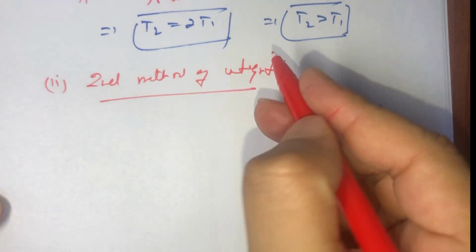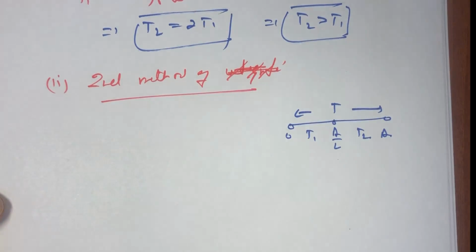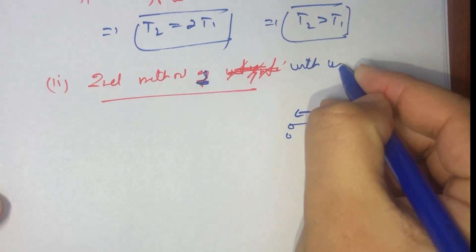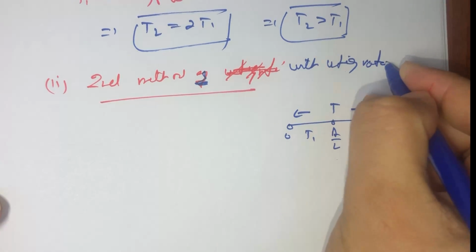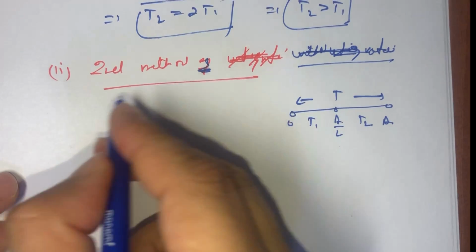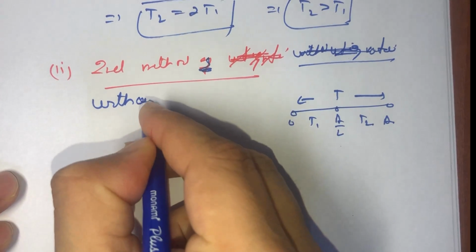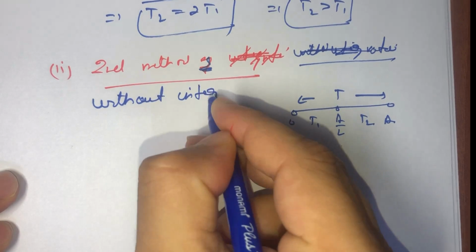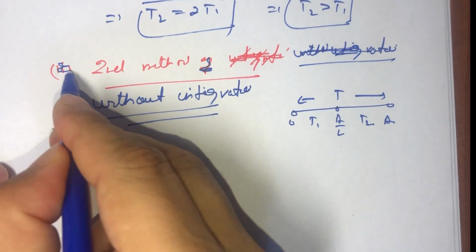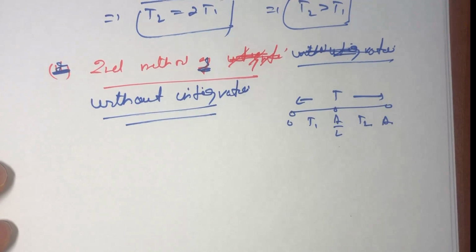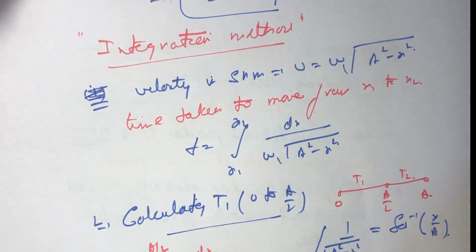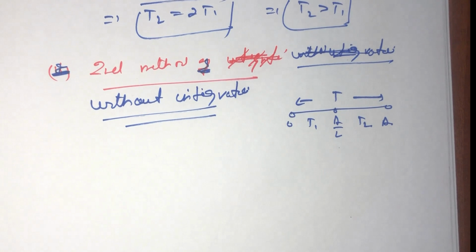Sorry, it is without integration, my mistake. We have the integration method, and this is only one method. Okay, I apologize for that. I mistakenly said there would be two integration methods.